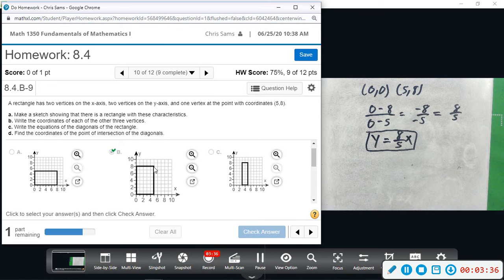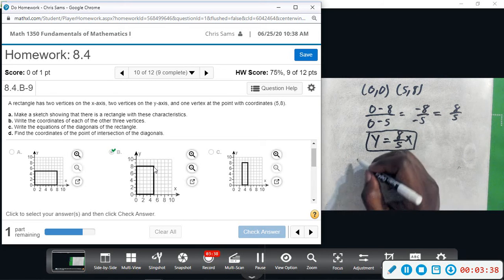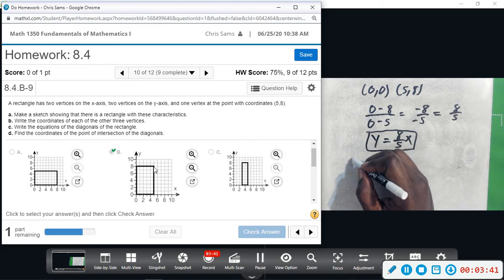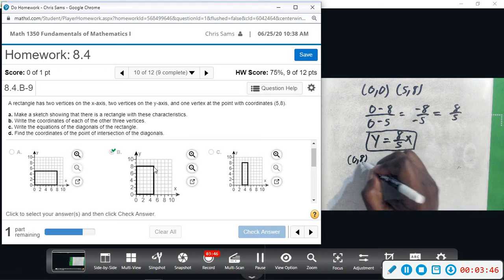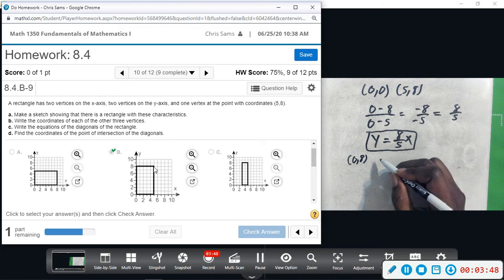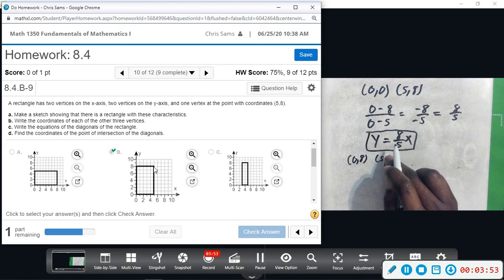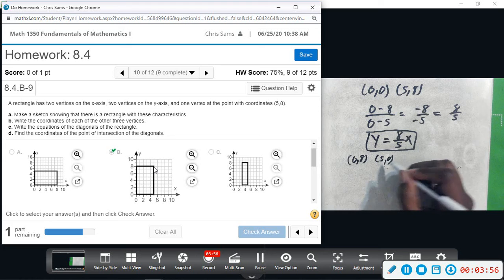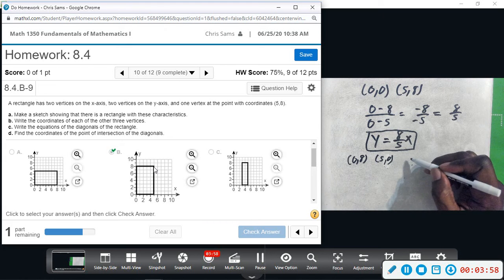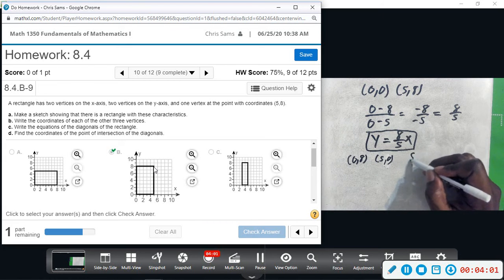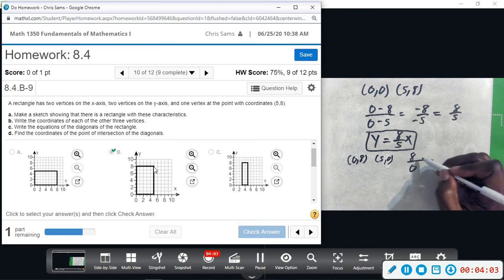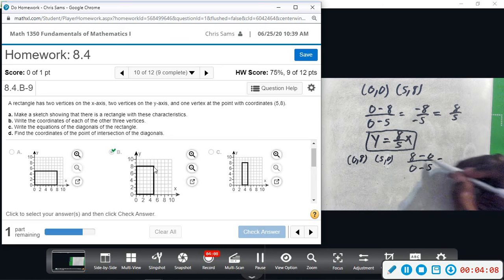The other diagonal, we have the ordered pair 0, 8, and then the other is 5, 0. So if we did slope, we would have 8 minus 0 over 0 minus 5. We would get 8 on top over negative 5.